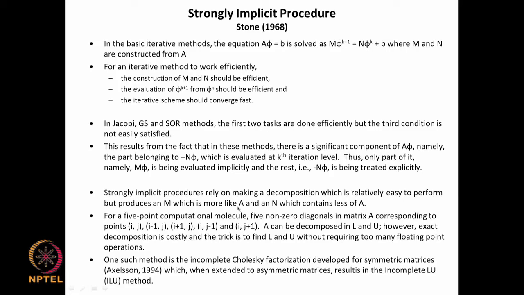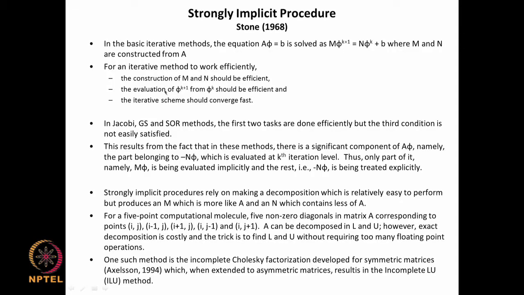So you have this kind of thing, and one way of doing this is to decompose it into L and U, and once you decompose it into L and U, then the evaluation of phi from a decomposed LU is quite efficient.